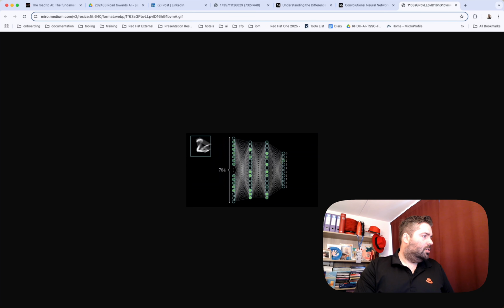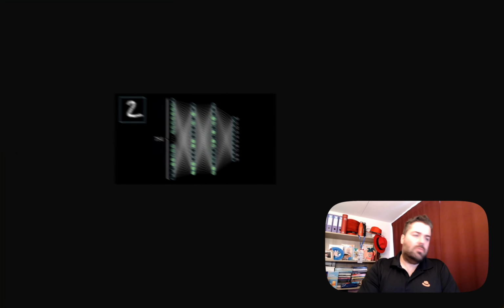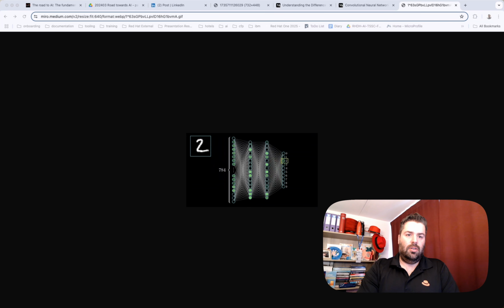On the left, you'll see a 28 by 28 pixel image of the digit 2. All 784 pixels from this image are fed into the first layer of the network, one neuron per pixel. Each neuron in this input layer then connects to every neuron in the subsequent hidden layers. And those hidden layers ultimately connect to an output layer of 10 neurons.